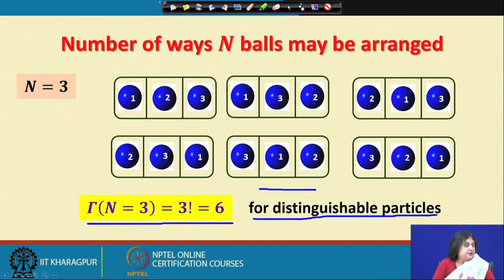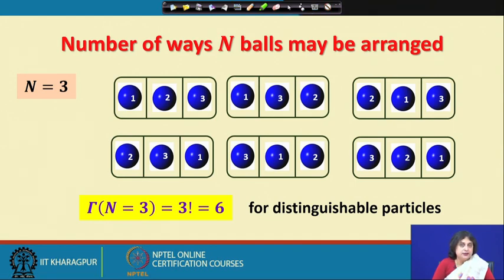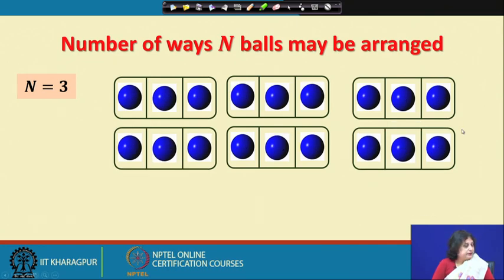Now, once again, let me remind you that we are dealing with identical particles. Therefore, what I would like to do is have a look at these states, these ways of arranging the balls when I remove the identifying number, and this is what happens. So, once again, I find that the different arrangements without the numbers are absolutely the same.